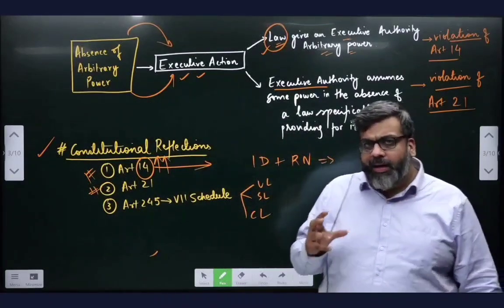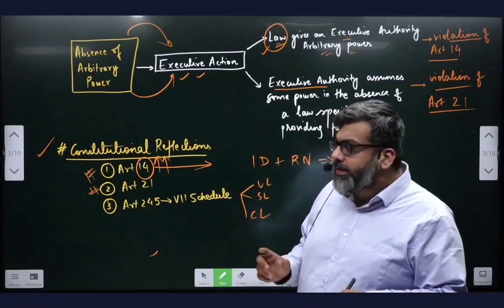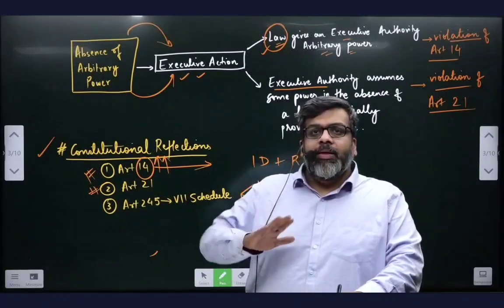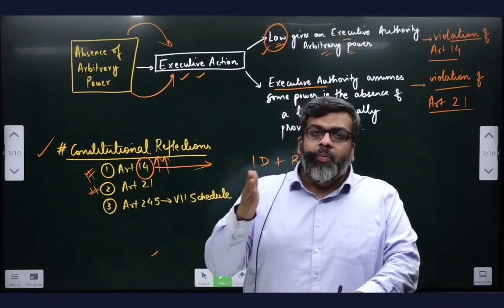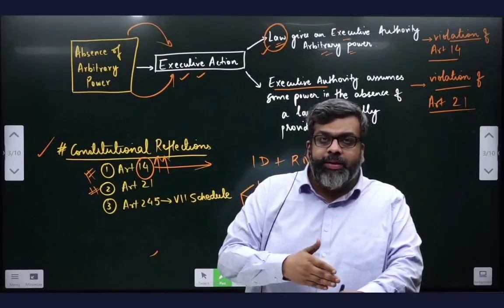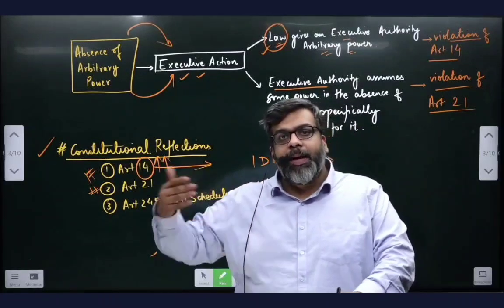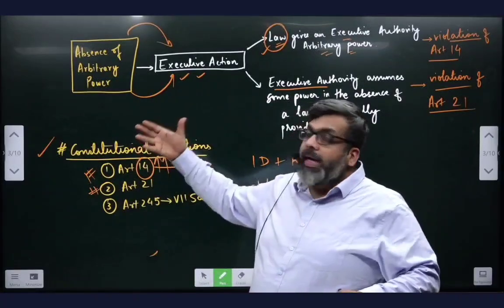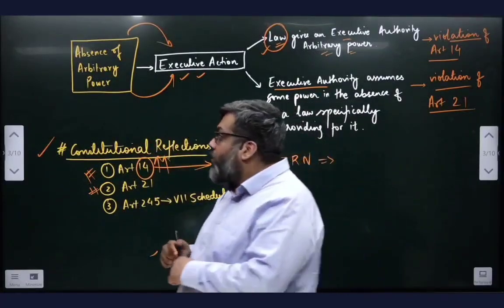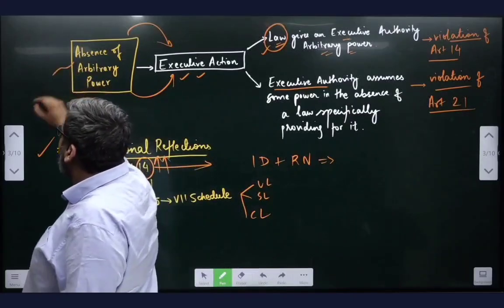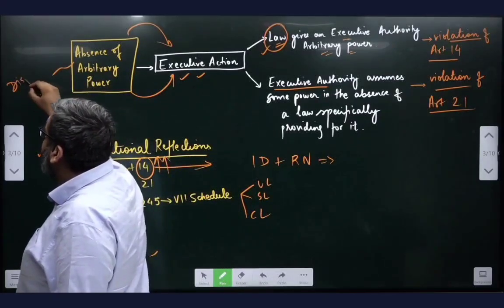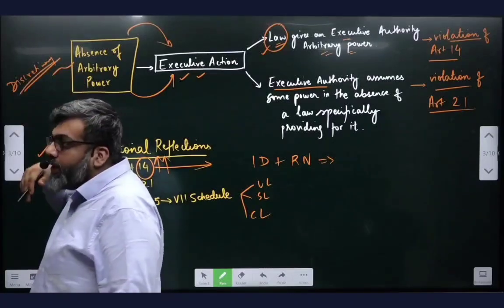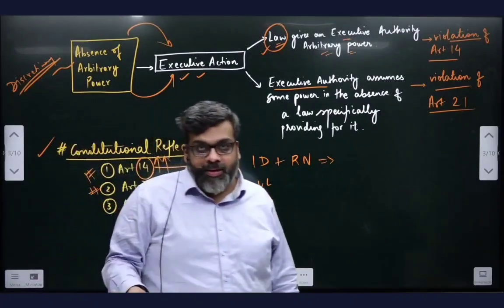But what we've understood very clearly here is that yes, arbitrariness is when you're doing something without sufficient reason for it, without sufficient legal backup for it. Whenever you do something like this, you are being arbitrary. A closely related word to arbitrary is discretionary. Now, discretionary is a good way to look at arbitrary.